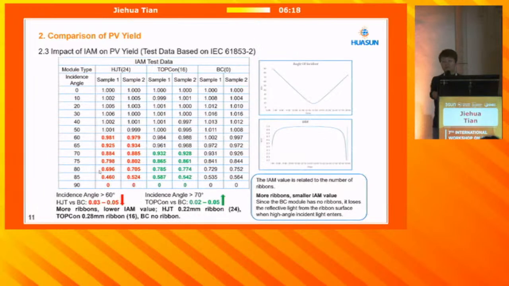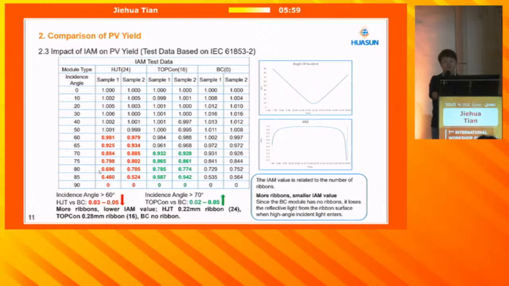As for IAM, these are lab test data. When the incident angle is more than 60, the IAM of IGT is 0.032, 0.05 less than BC.